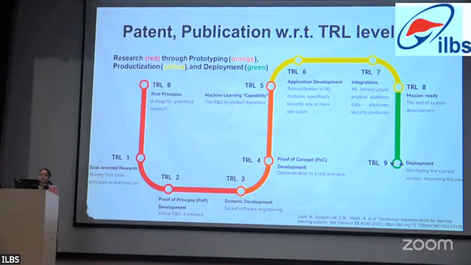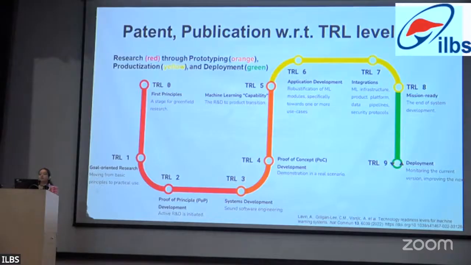When we start, it is TRL 0, the first initiation of the concept, then TRL 1, the research around the goal, TRL 2 is the proof of principle, and then 3 is system development, and TRL 4 is the first outcome of the result, the proof of concept. During TRL 2 to 4, we need to have filed the patent.